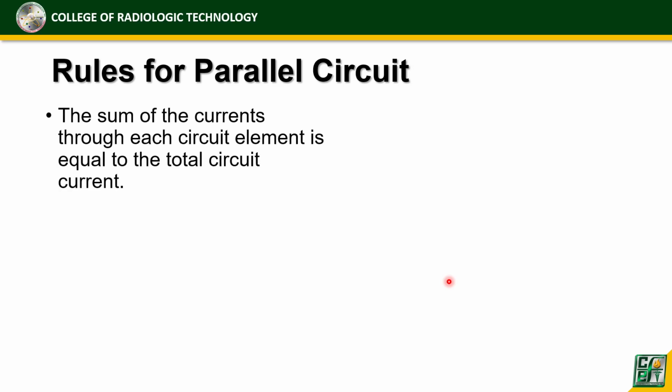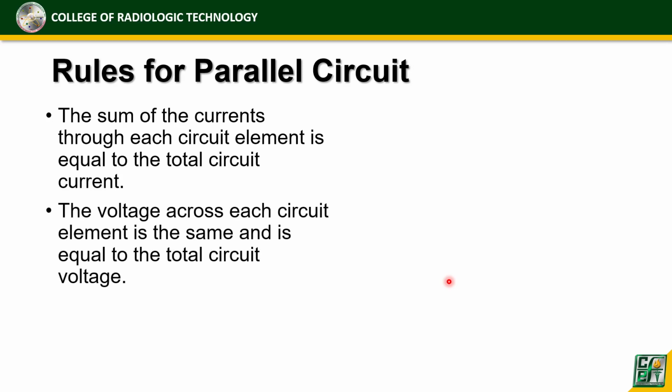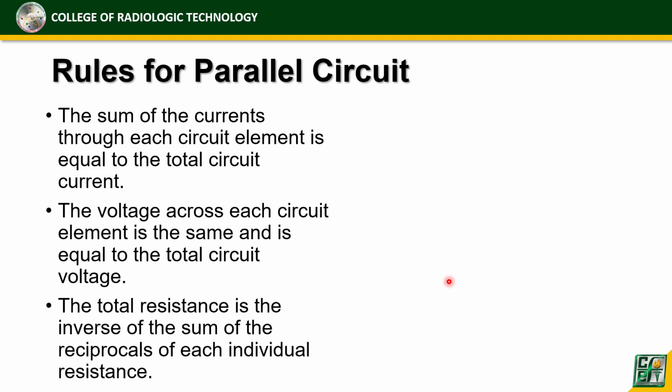So the sum of the currents through each circuit element is equal to the total current. And the voltage across each circuit element is the same and is equal to the total circuit voltage. And the total resistance is the inverse of the sum of the reciprocals of each individual resistance.